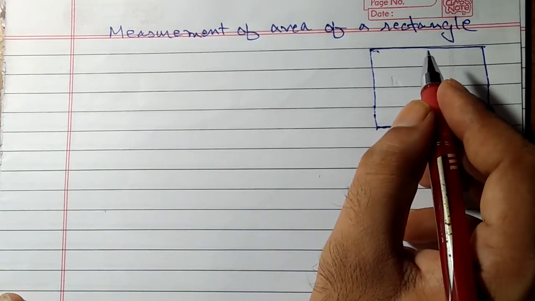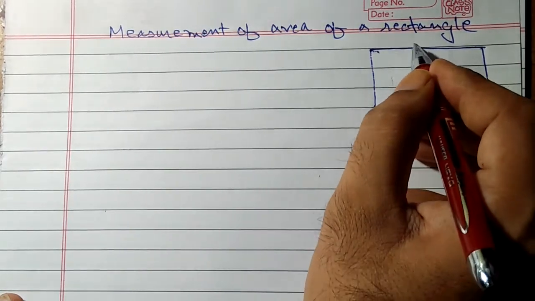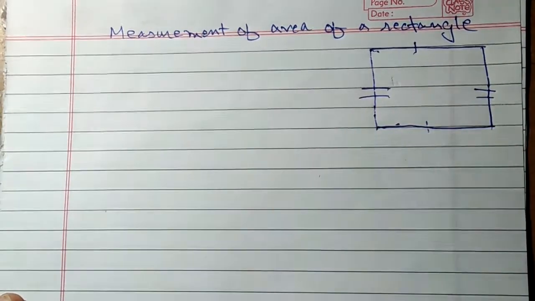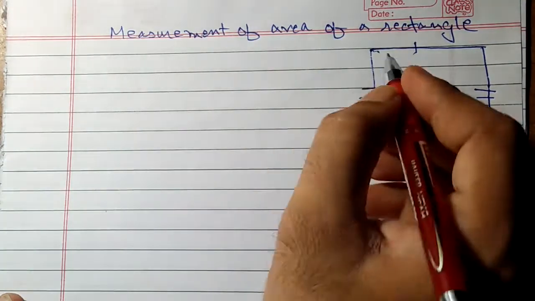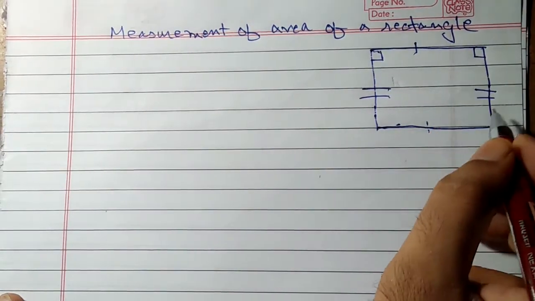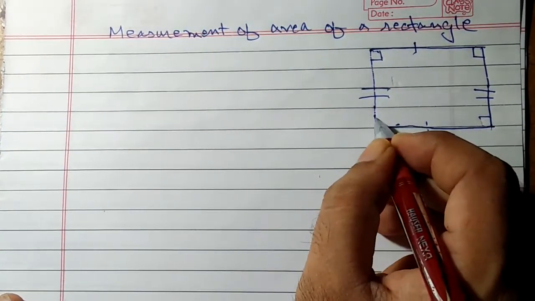This is one thing which you can keep in mind. Also, in a rectangle, all the angles will be 90 degrees.